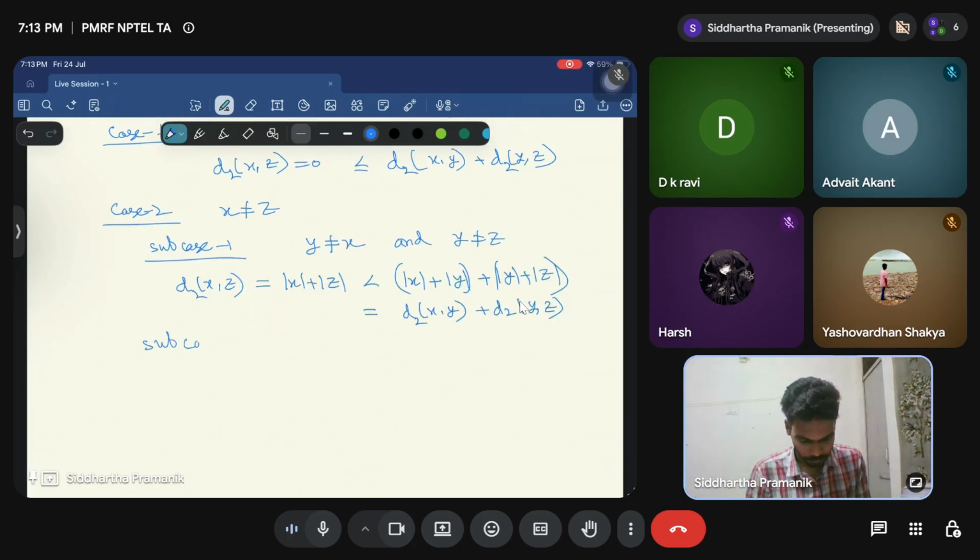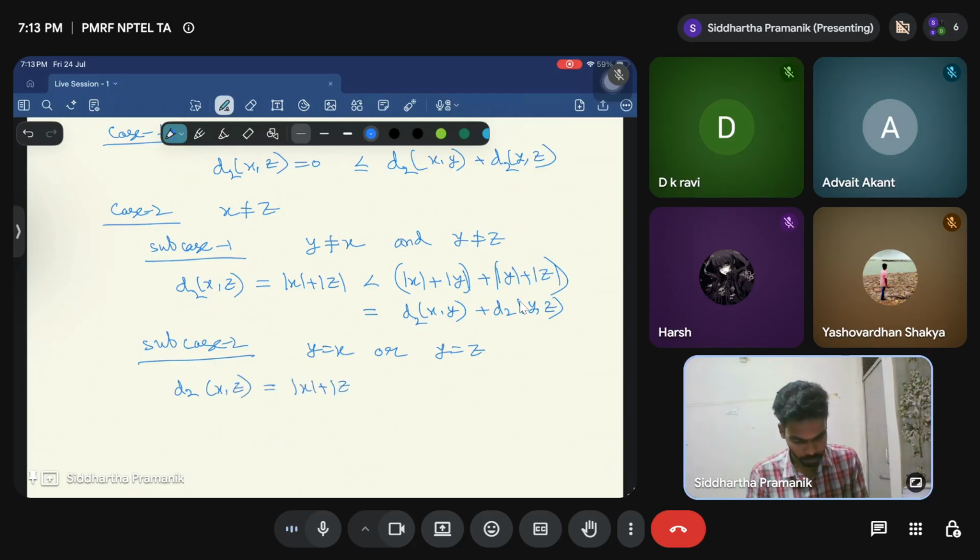And the other subcase, so y equals x or y equals z, but x is not equal to z. So this is same as mod x plus mod z. But if x equals y, then d2 x y is 0.